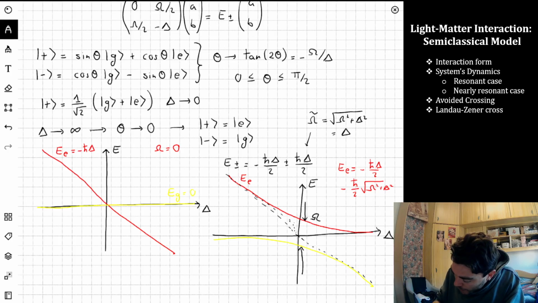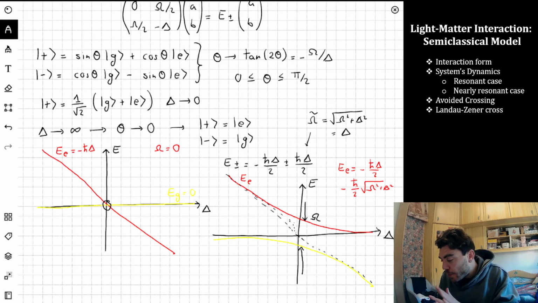So what is happening here? Both states are exactly the same energy. So the ground state and the excited state, when the detuning is 0 and there is no light, they are exactly the same, which is normal because the detuning is telling you the splitting. So there is 0 splitting at 0 detuning, but this degeneracy is lifted by the presence of the light. So the light is lifting this degeneracy and is mixing up the eigenstates of the system, the original eigenstates of the system.